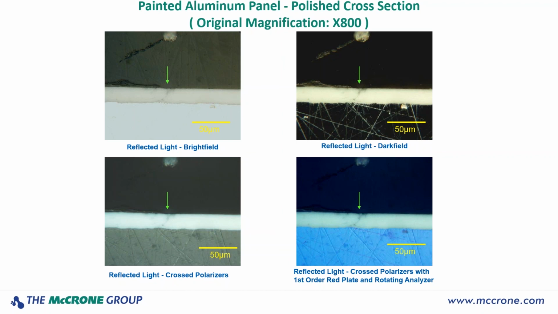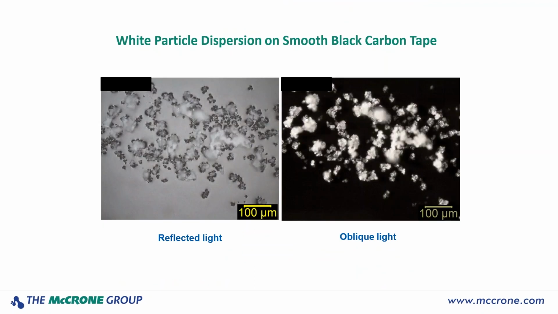So with that first order red plate in place and rotating the analyzer, we can also produce different colors. In this case, the aluminum now looks blue, and the paint is still white, and we can see the crack still fairly easily. So again, this is an optical staining type technique with that rotating analyzer and the first order red plate.